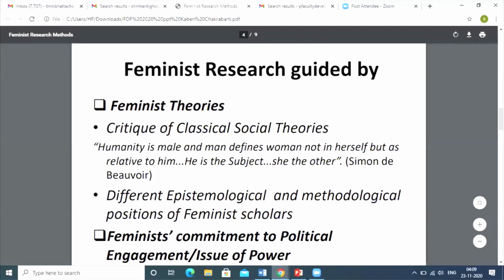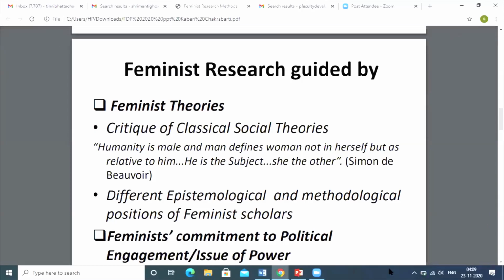Now, the second important point I would like to mention about feminist research, and one important challenge related to feminist research, is feminists' commitment to political engagement, or the issue of power. This is what makes feminist research very important, unique, or different from so-called mainstream researches.